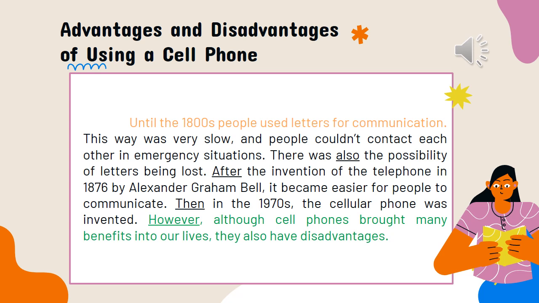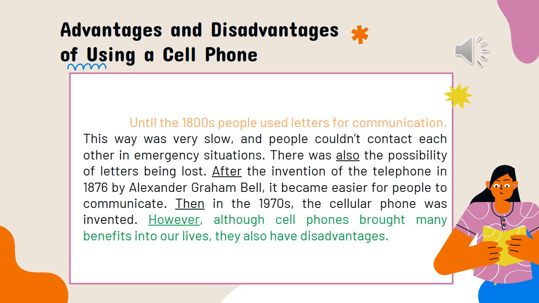Until the 1800s, people used letters for communication. This is the hook. This way was very slow, and people couldn't contact each other in emergency situations. There was also the possibility of letters being lost. After the invention of the telephone in 1876 by Alexander Graham Bell, it became easier for people to communicate.